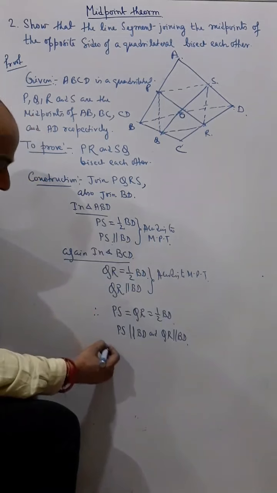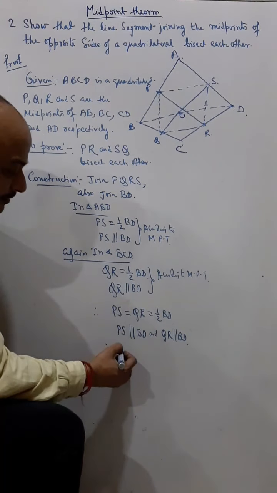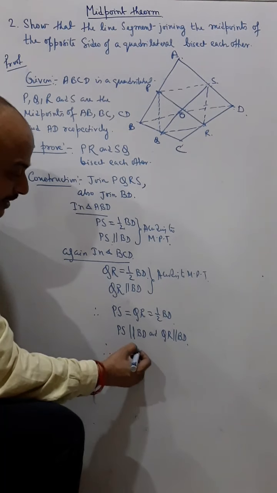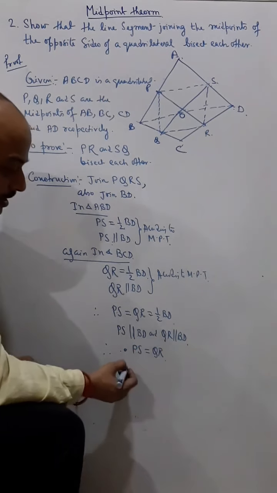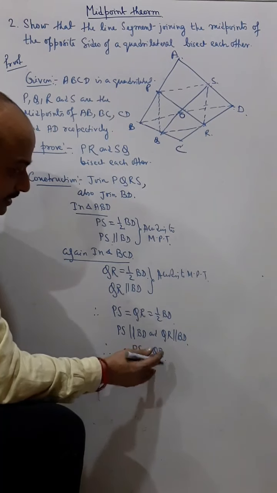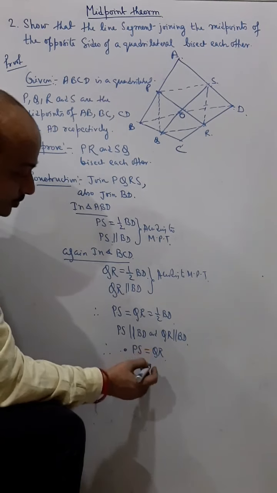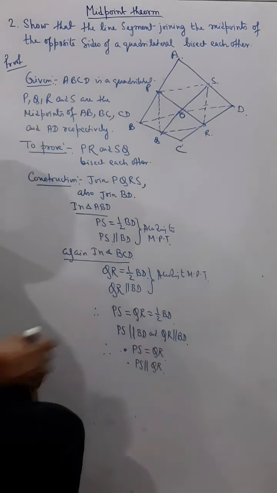So therefore finally from this what we can say? We can say that PS is equal to QR, and we can also say PS is parallel to QR, right?